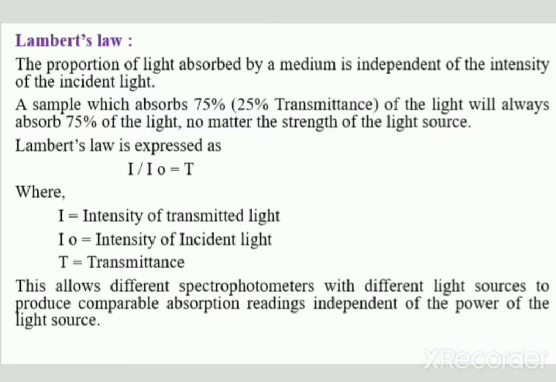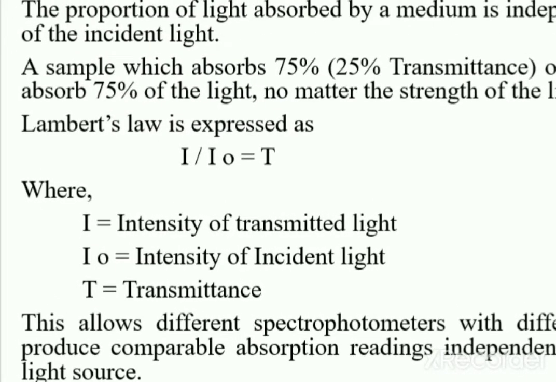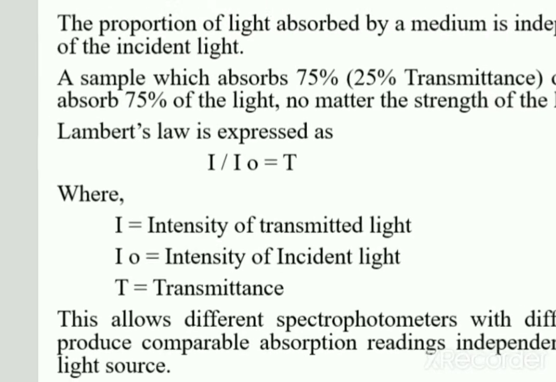In mathematical form, this law is expressed as I upon I0 equals T, where I indicates the intensity of transmitted light, I0 is the intensity of incident light, and T denotes transmittance.